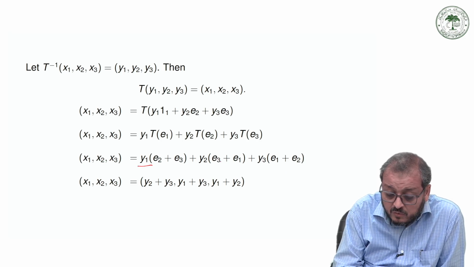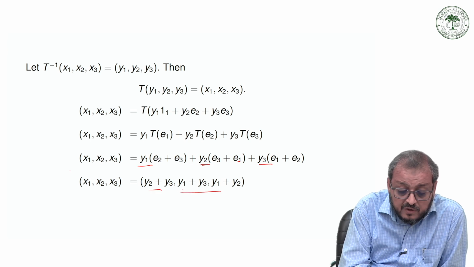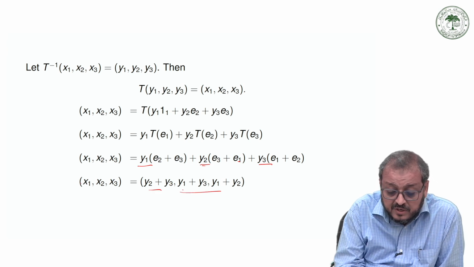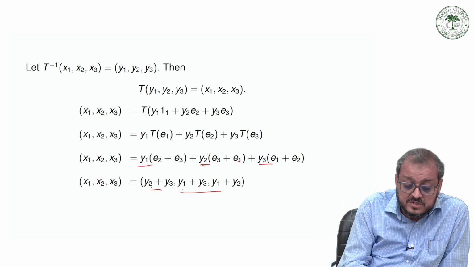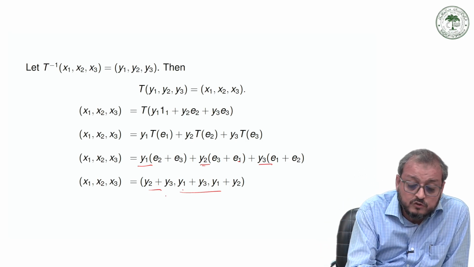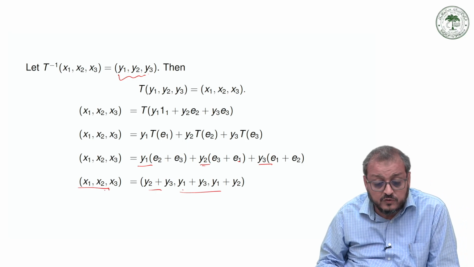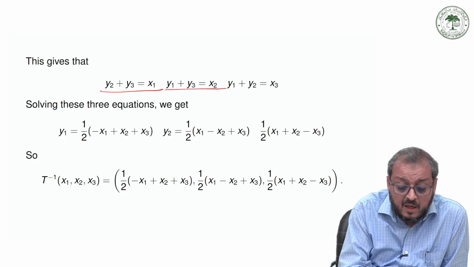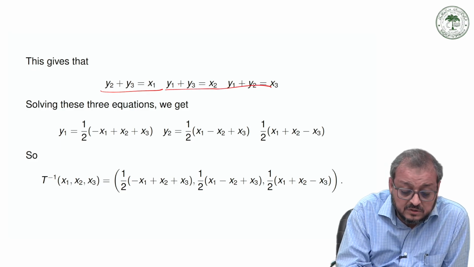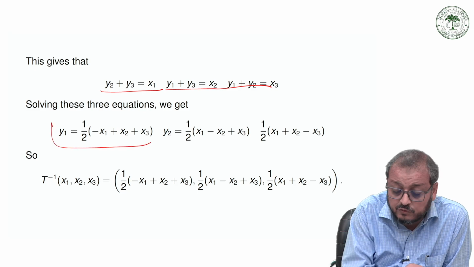So this is the general T of (y1, y2, y3), which is (x1, x2, x3), written in this form. So we have three equations, and we have to find the values of y1, y2, y3 in terms of x1, x2, x3. Now we solve these three equations.